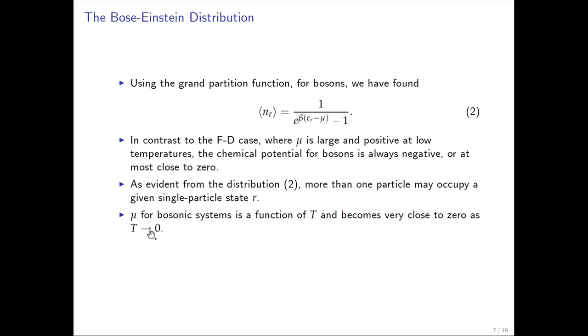And what we'll find is that the chemical potential for bosonic systems, once again, is a function of temperature. Remember, we want to maintain the constraint that we fix the mean total number of particles. That means the chemical potential has to be a function of temperature, and it becomes very close to zero as T goes to 0.